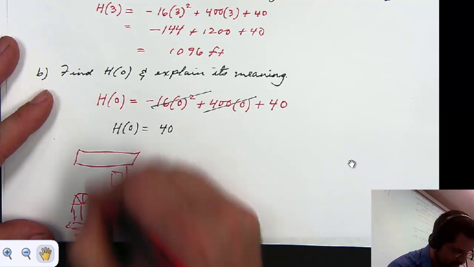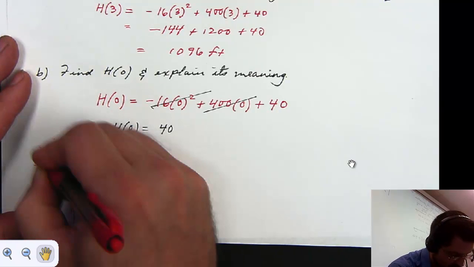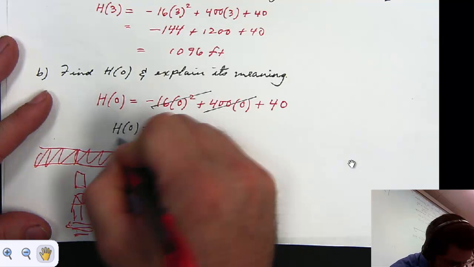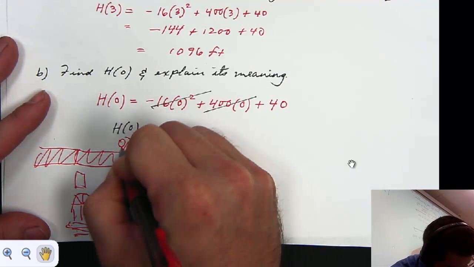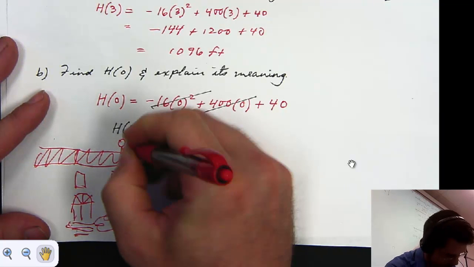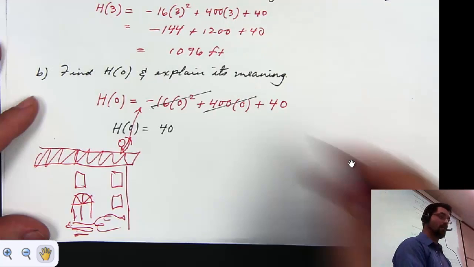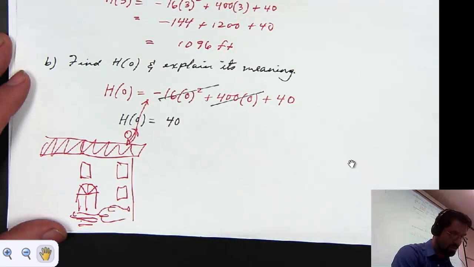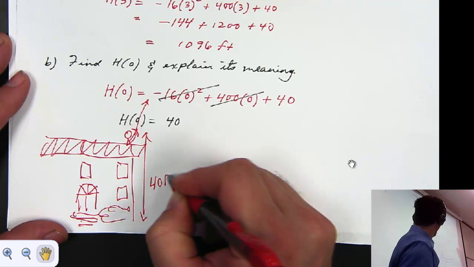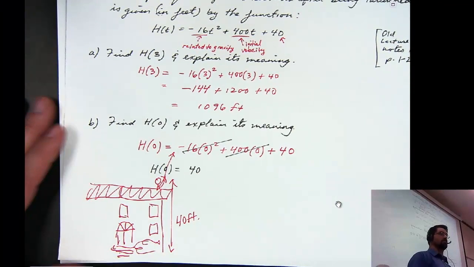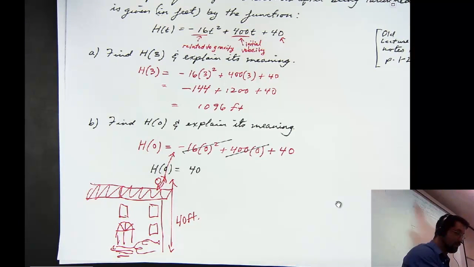There's some steps. And there's some fella up here, and he's like, woohoo! And he's shooting an arrow or something, okay? And basically, what this is saying is this is 40 feet, okay? So that's how you interpret those.